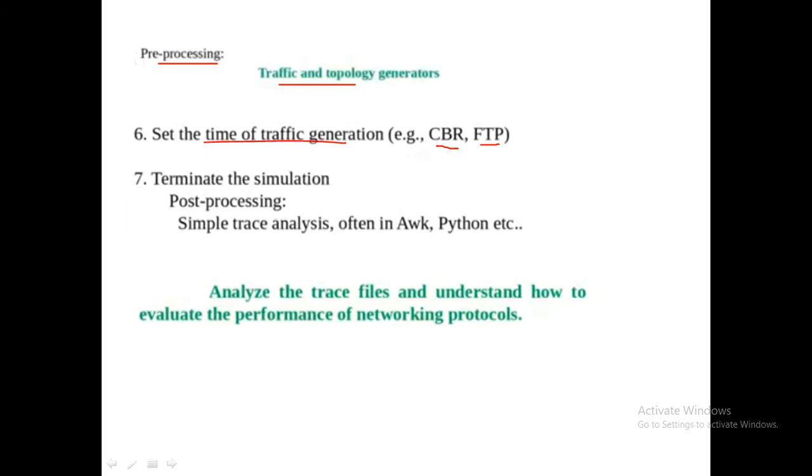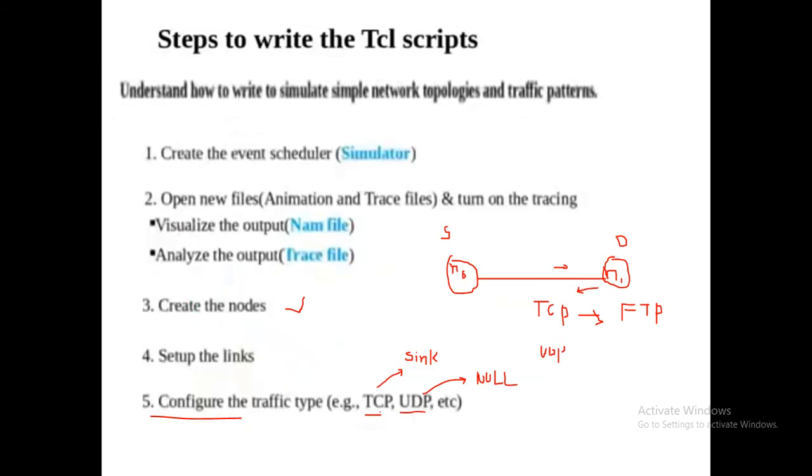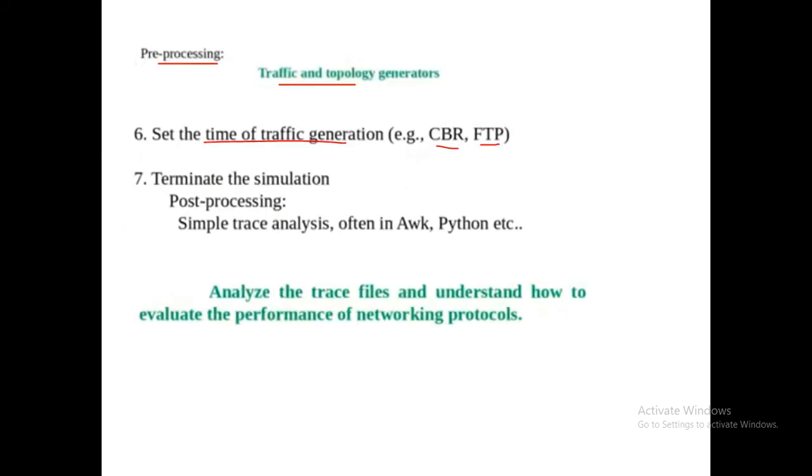CBR means constant bit rate. That means constantly, at every interval, how many packets you want to go. So you have to remember this: when you are using TCP, FTP, and when you are using UDP, CBR will be your application protocol. So you are going to fix the traffic generation.